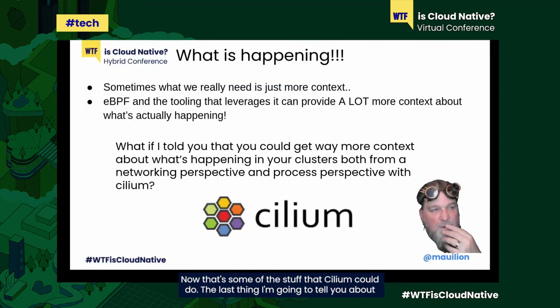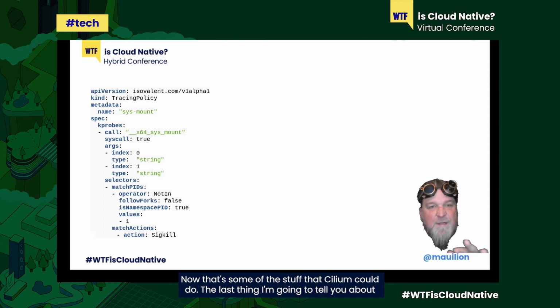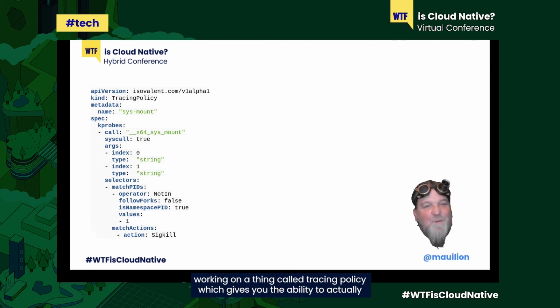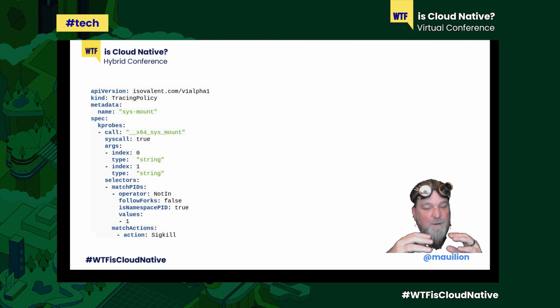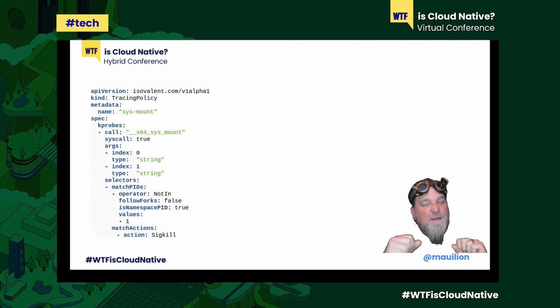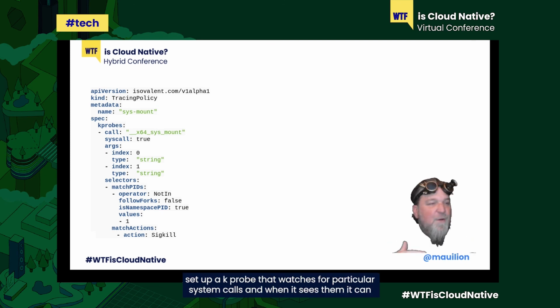Now, that's some of the stuff that Cilium can do. The last thing I'm going to tell you about that we've been really excited about on the BPF front is that we've been working on a thing called tracing policy, which gives you the ability to do a couple of different things, right? So with tracing policy, we can set up a kprobe that watches for particular system calls.